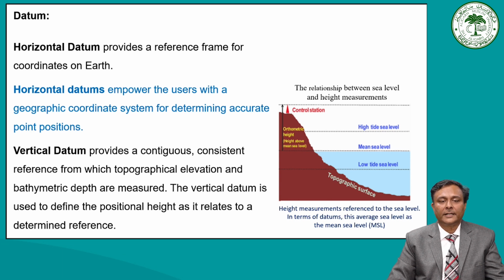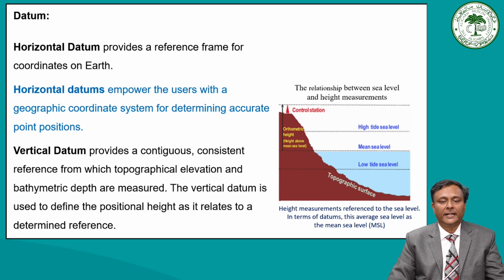So horizontal datums empower the users with a geographic coordinate system for determining accurate point position. Whereas another kind of datum can be the vertical datum, which provides a contiguous, consistent reference from which the topographical elevation and bathymetric depth are measured.